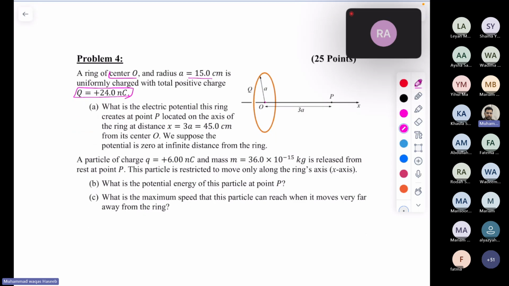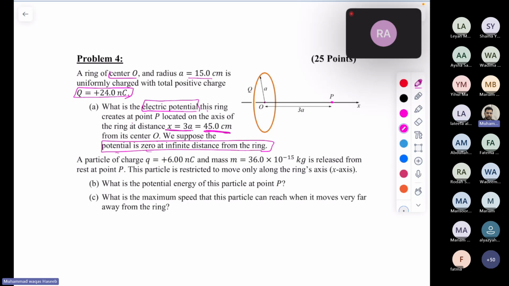What is the electric potential this ring creates at point P, located on the axis at x equals 3a, which is 45 centimeters from its center? We suppose that the potential at infinity is zero.